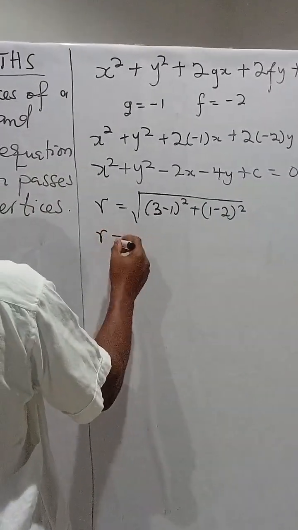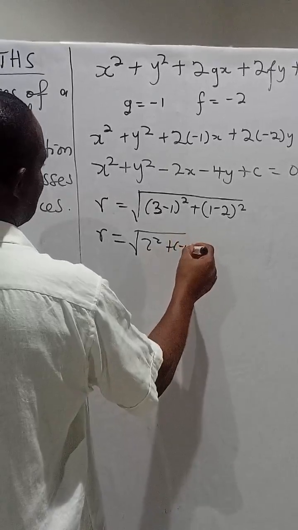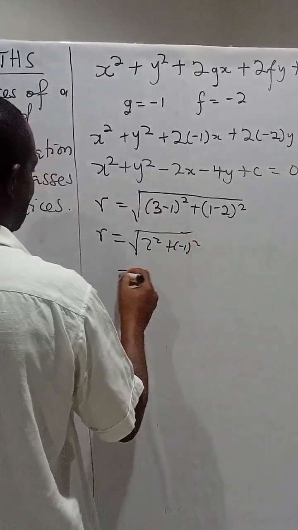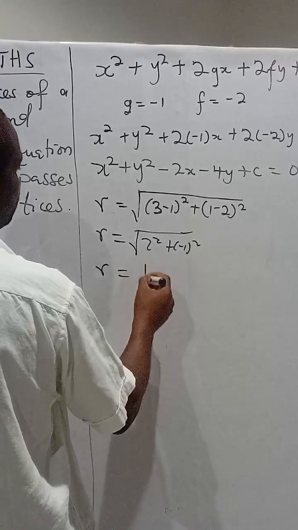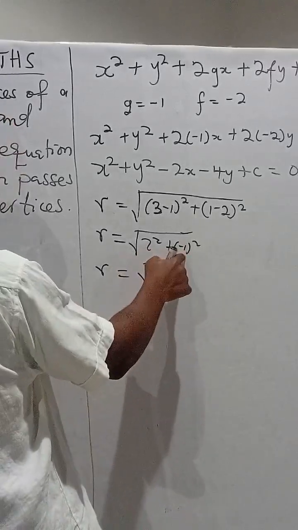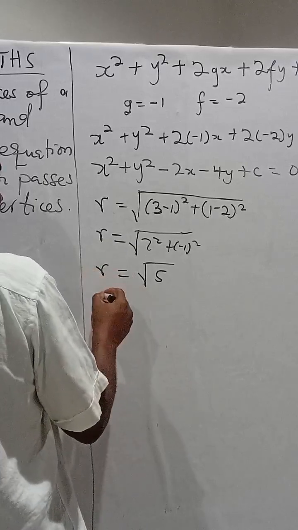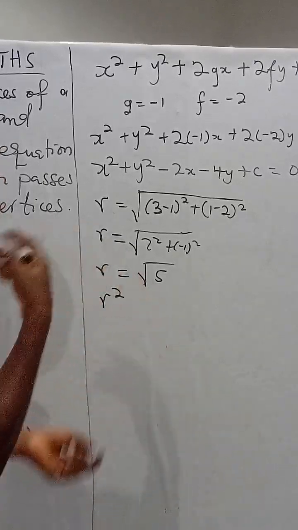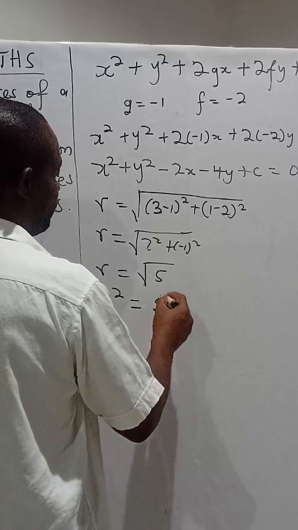That is R equal to square root of 2 squared plus (-1) squared. This comes to R equal to square root of 4 plus 1, and that is 5. Squaring both sides, R squared is equal to 5.